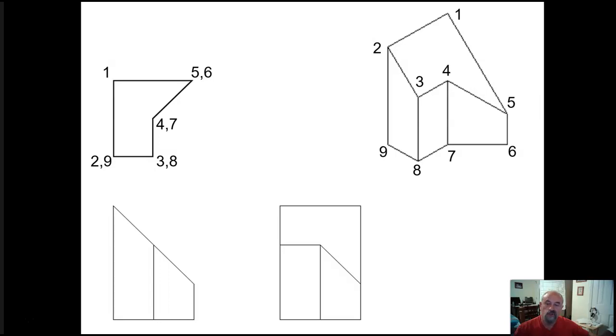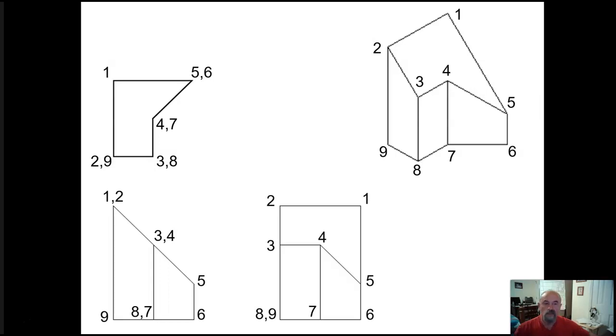These dual numbers: 5, 6, 4, 7, 3, 8, 2, 9. Looking down from the top, you will see that 2 and 9 stack on top of each other. Same thing with 3 and 8. They're stacking on top of each other. Okay? And the same thing with the other views.